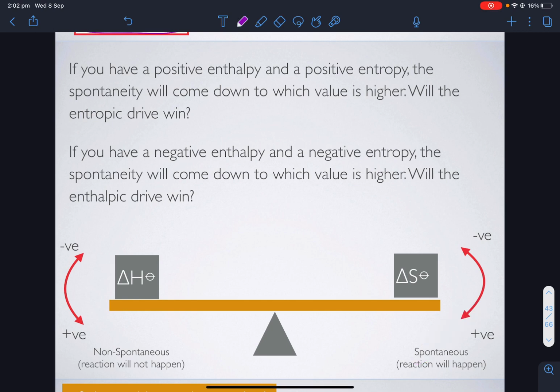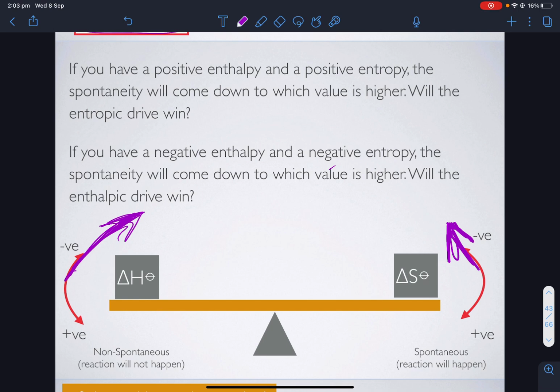Okay, the other situation, if we have negative enthalpy, pushing up this way from this side, and negative entropy, that's good. I was missing some info there. If they're both pushing upwards, it depends on which side is pushing upwards more.